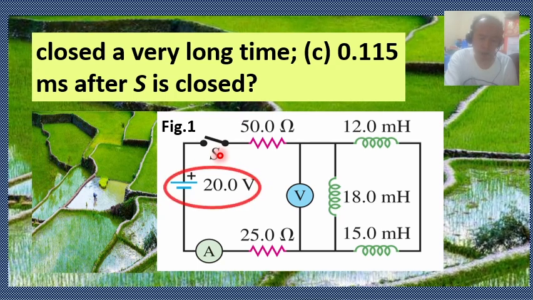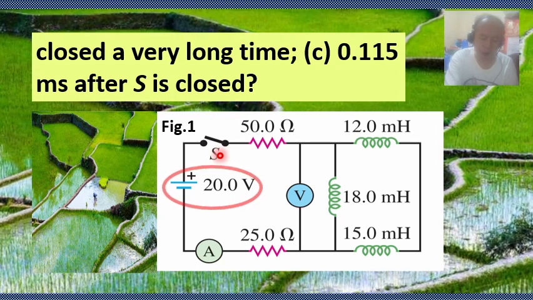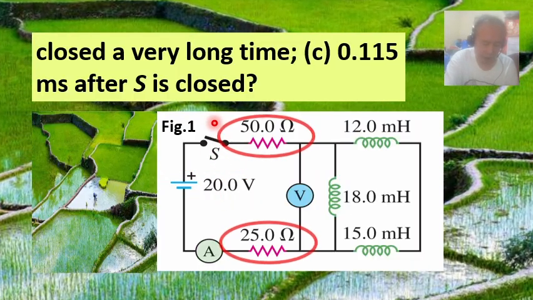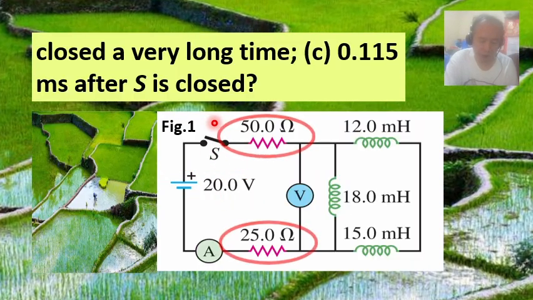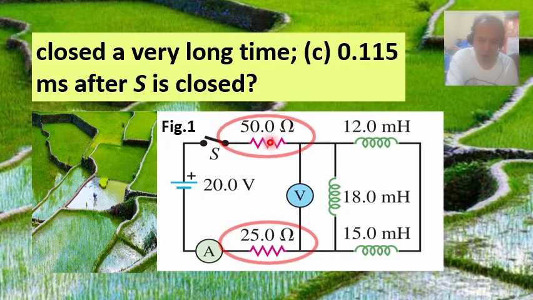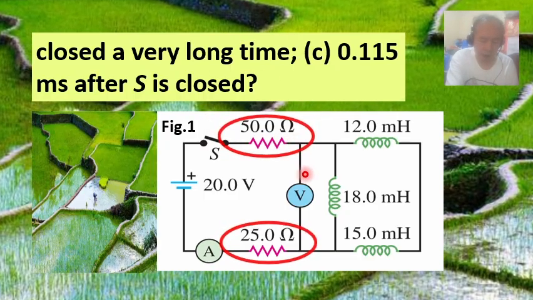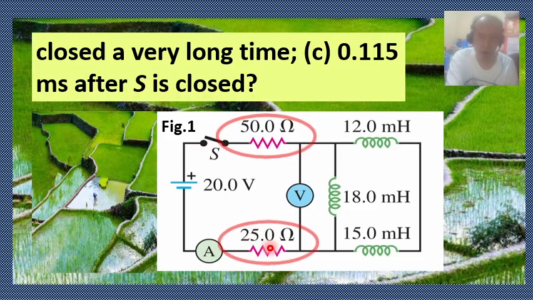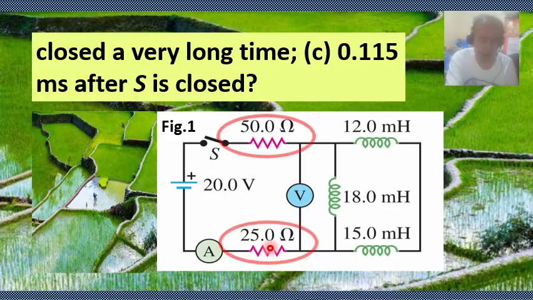Two external resistors are connected in series with the battery. Resistor 1 has a resistance of 50.0 ohms, while resistor 2 has a resistance of 25.0 ohms.